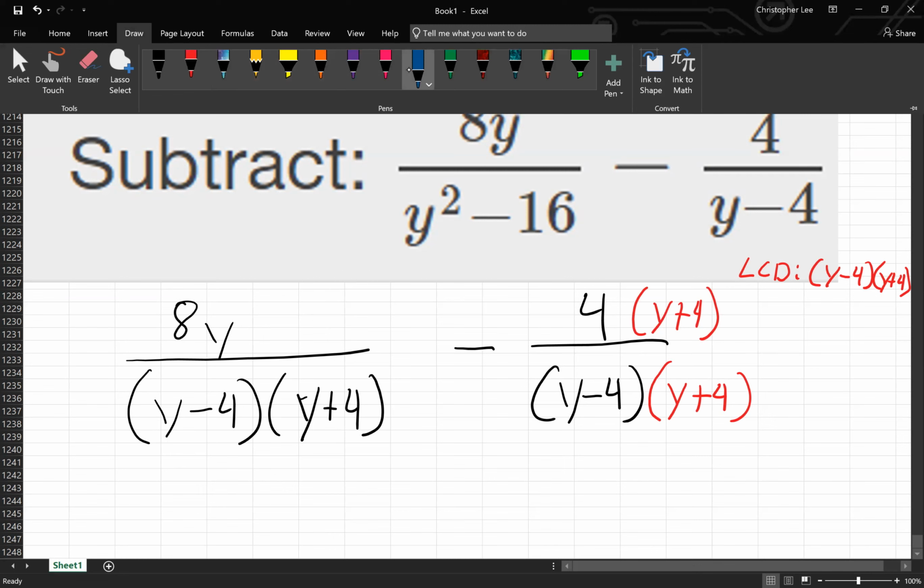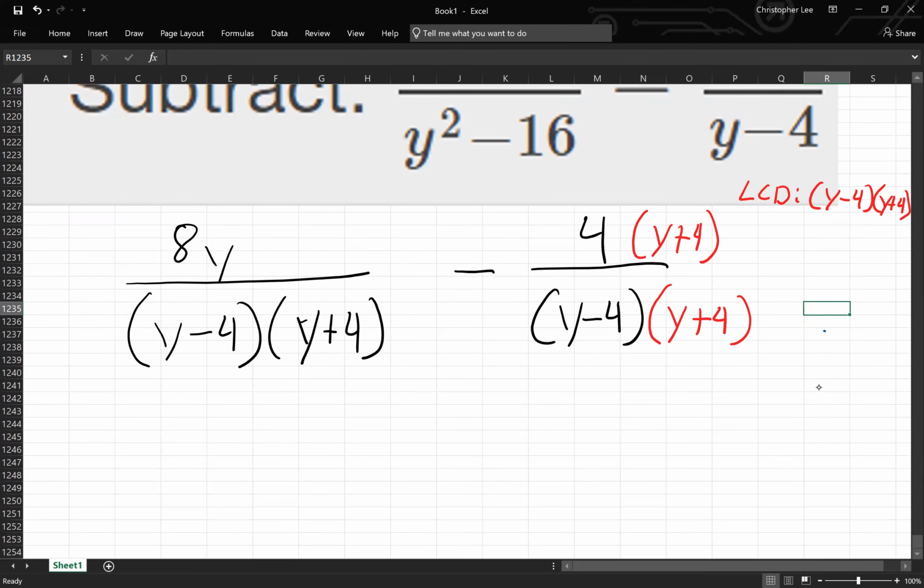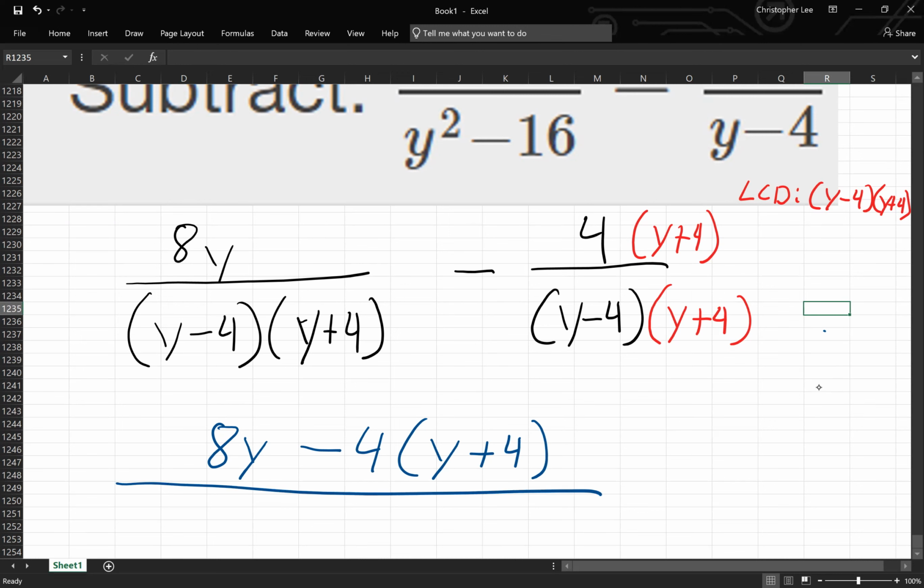All right, check this out. Watch the difference. Watch the difference right here. Please scroll down. Good, good. I have 8y minus 4, open parentheses, y plus 4. Of course, all over the LCD, which is y minus 4, y plus 4.